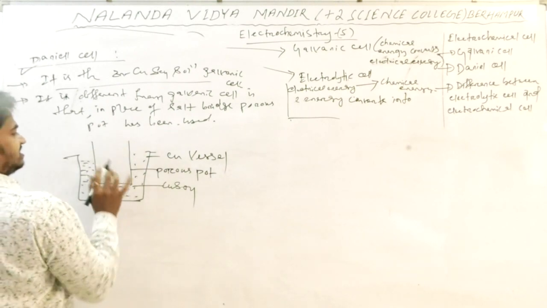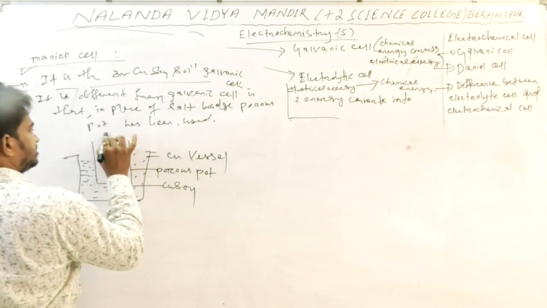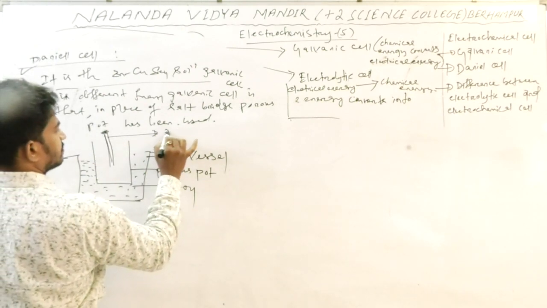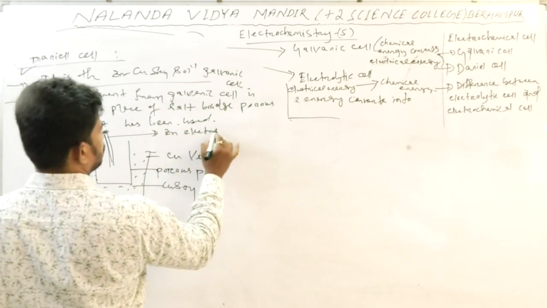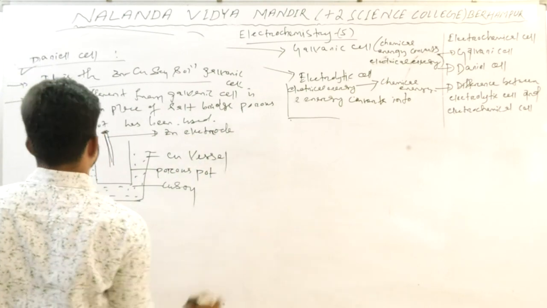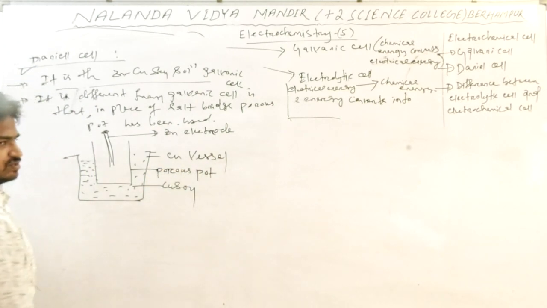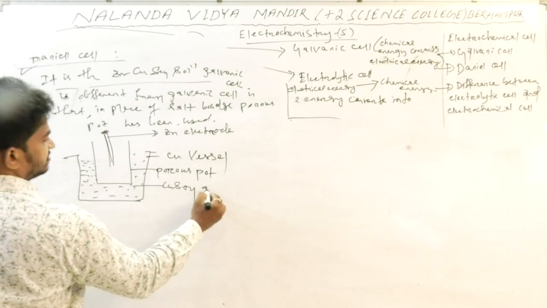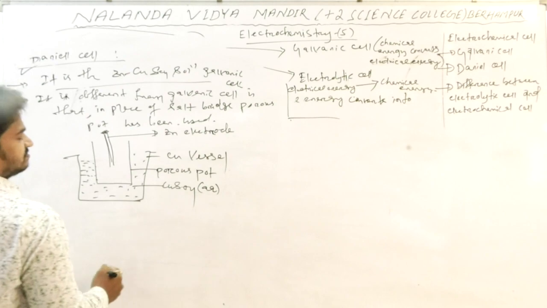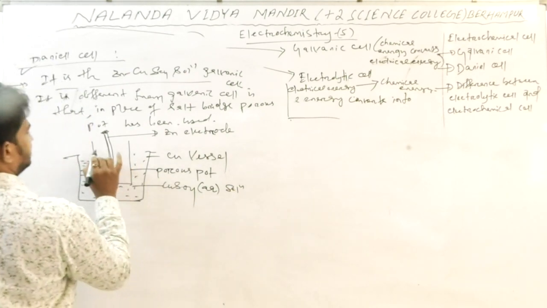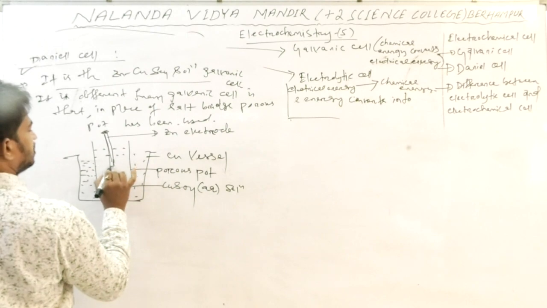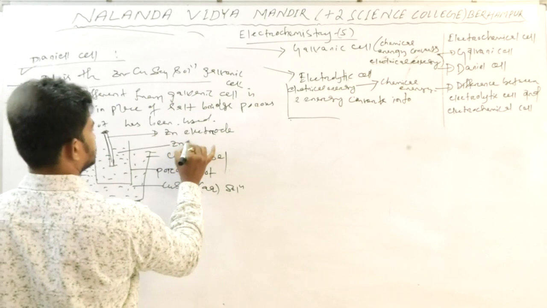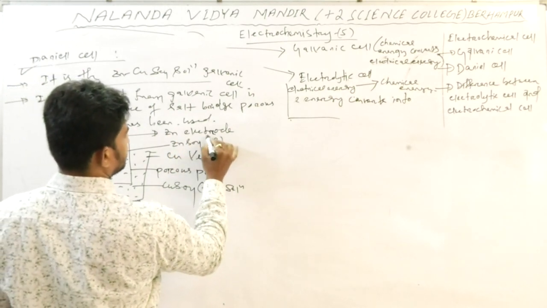Then inside the porous pot, a zinc electrode is present, a zinc rod. The copper vessel acts as the copper electrode. Inside it, the copper sulfate aqueous solution is there, and inside the porous pot, zinc sulfate aqueous solution is present.